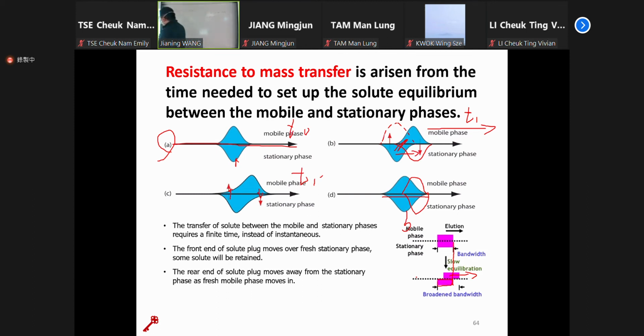So what we should do is find some way to help them build equilibrium quicker, to reduce the band broadening.